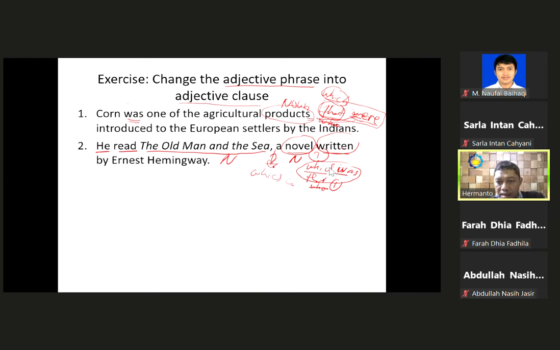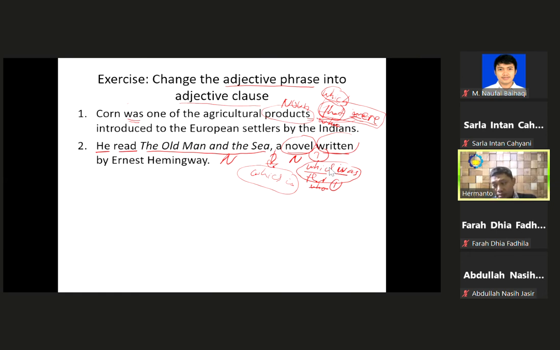Okay, which is a novel written by Ernest. He read The Old Man and the Sea, which is a novel which was written by Ernest Hemingway. Okay, everyone, if you say it, maybe it sounds weird. But that is the clause form.